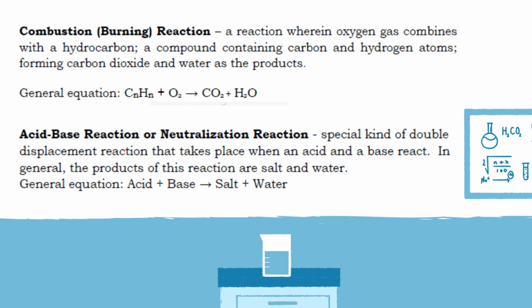On the other hand, we also have the acid-base or neutralization reaction. This is a special kind of double displacement reaction that takes place when an acid and a base react. In general, the products of this reaction are salt and water. In equation, acid plus base will yield salt and water.